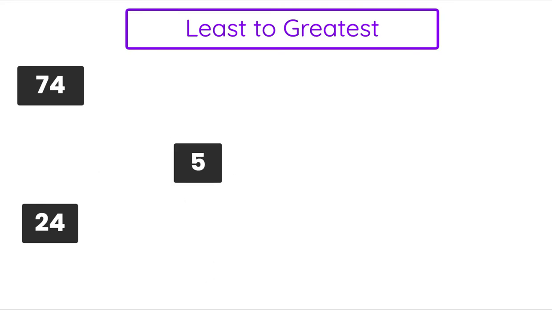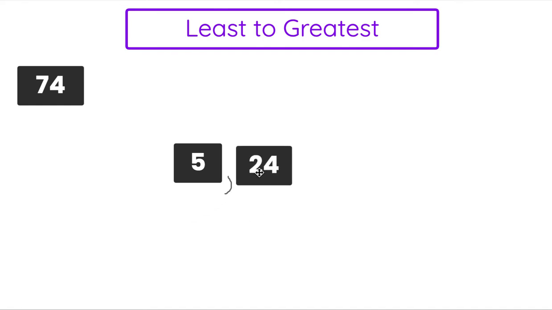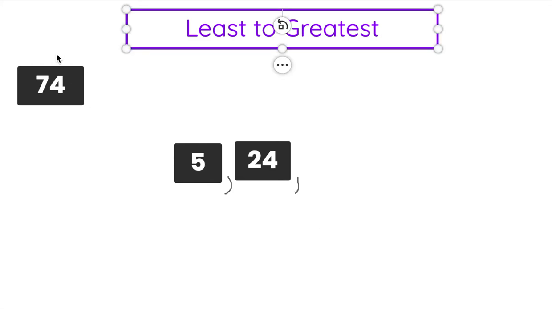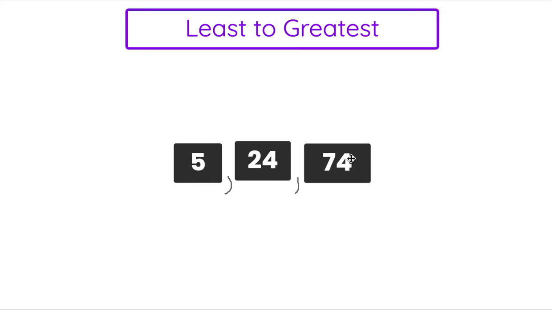So we're going to start lining up our numbers. I'm going to go 5. Now, which one of these 2 is the least? 74 or 24? It's the number 24. 24 is the next least number. And finally, we have the 74.